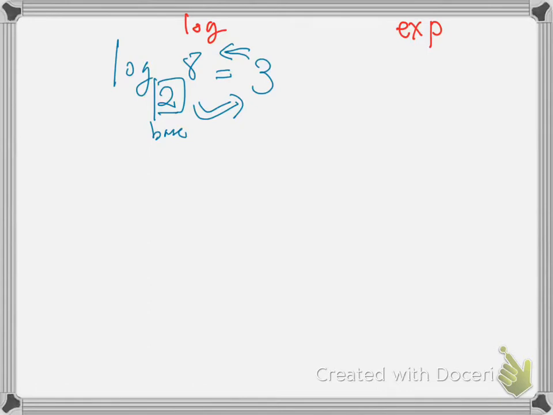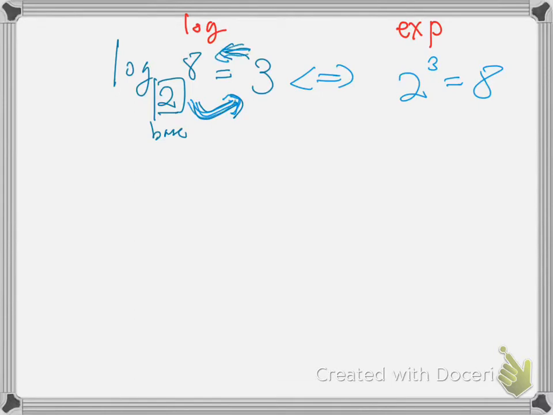This means 2 cubed is 8. So 2 to the third power: 2, 3, and then 8. That's the circle.